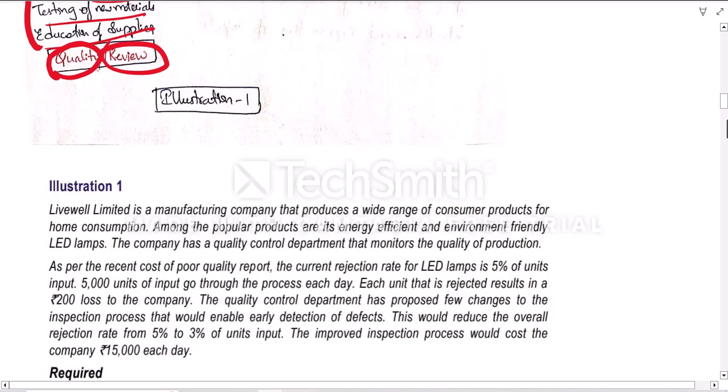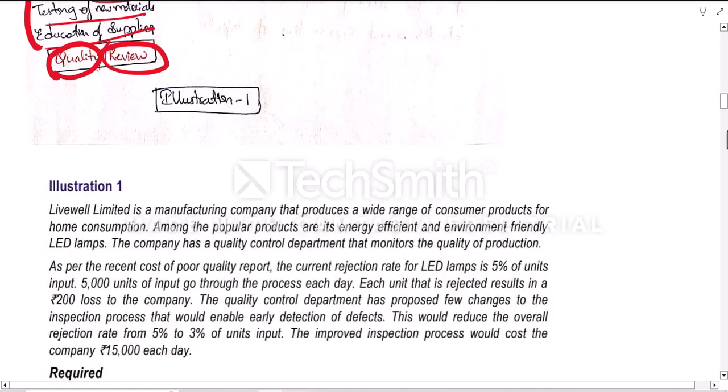Prevention cost first. Prevention is incurred before production, during the planning stage, to bring in quality. And next, appraisal cost. Appraisal cost is incurred during the production to check and monitor whether the quality activities have been met or not.